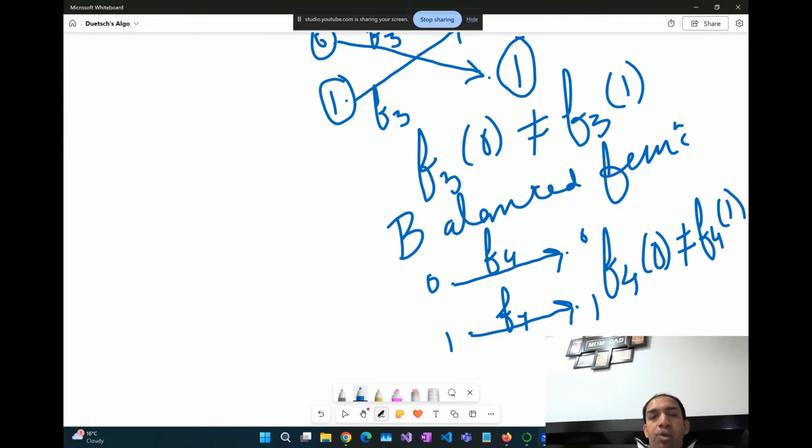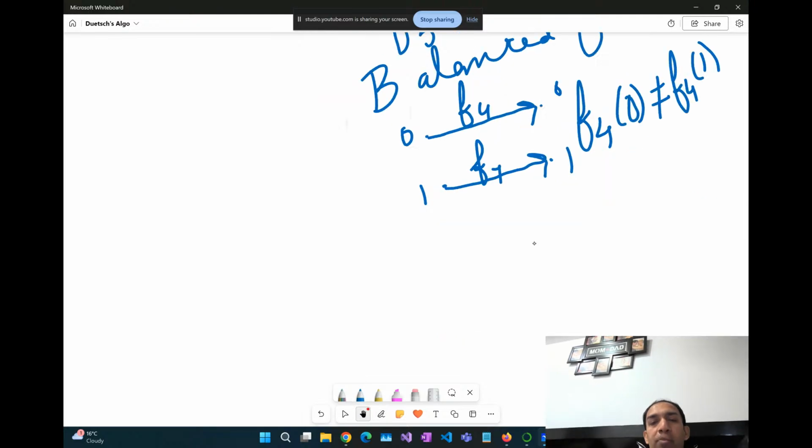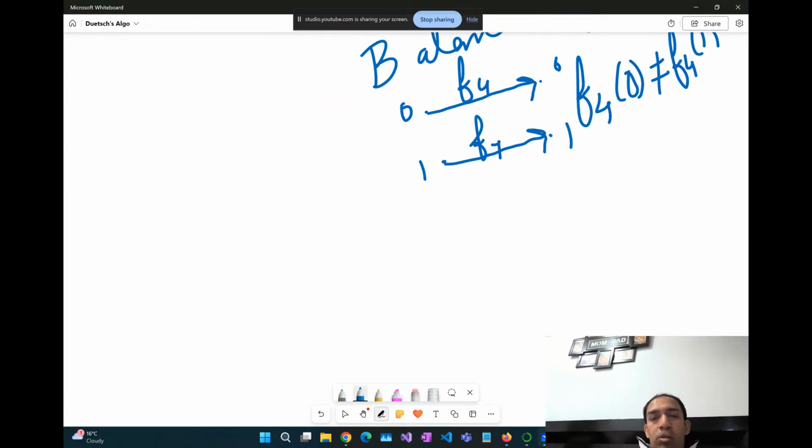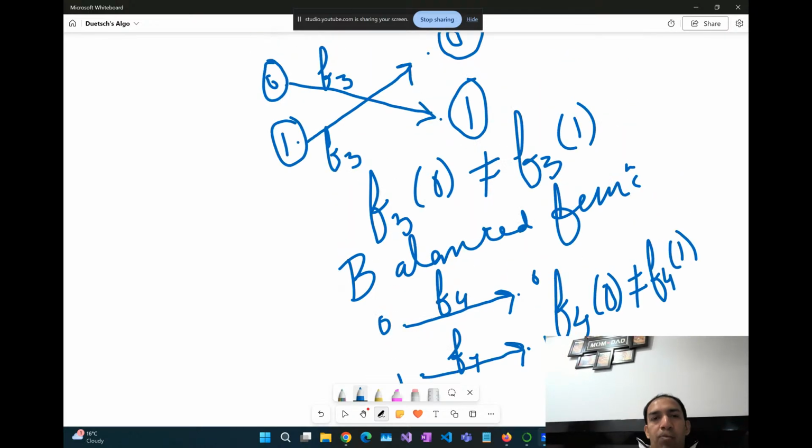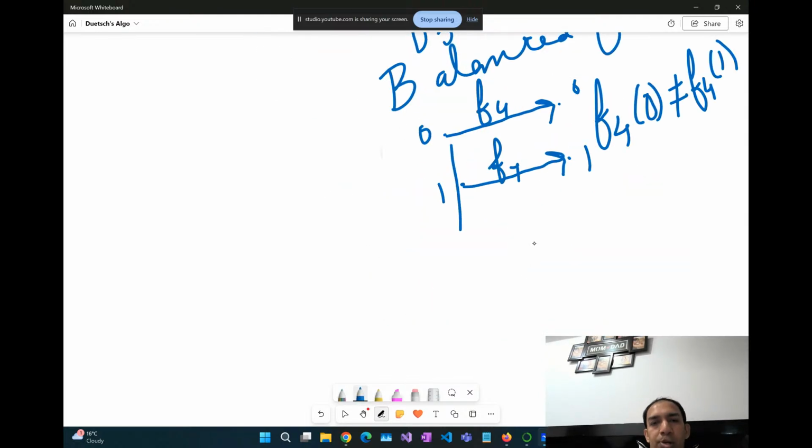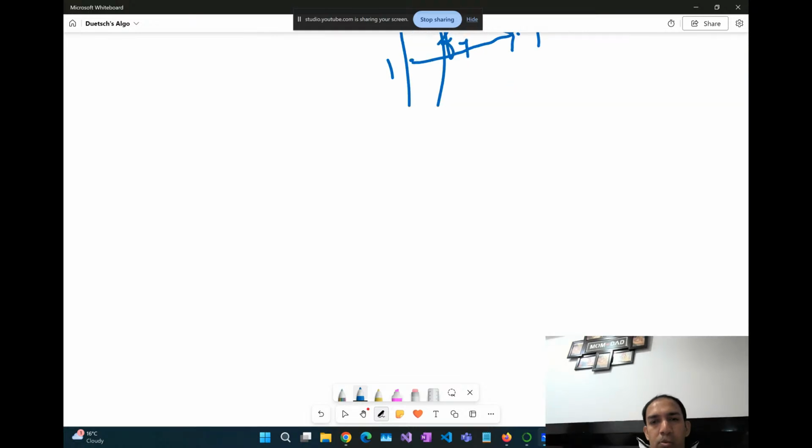How we can do that is something I'm going to explain now. For that, I will have to take one of the possible functions. So I will take, for example, this function 3 for our reference.